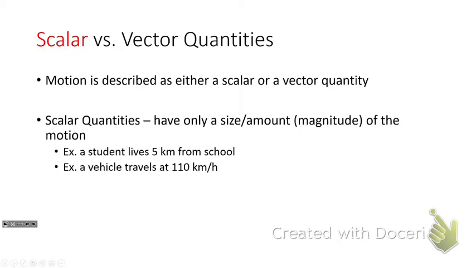Speed. In these cases, a student lives 5 kilometers from the school. This is a distance. A vehicle travels at 110 kilometers per hour. That is a speed.